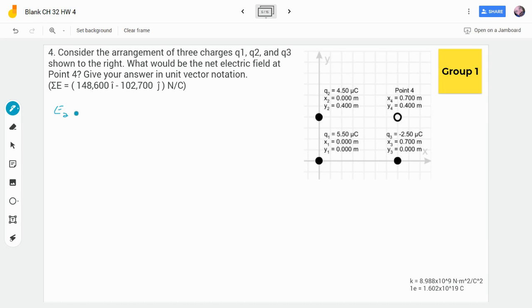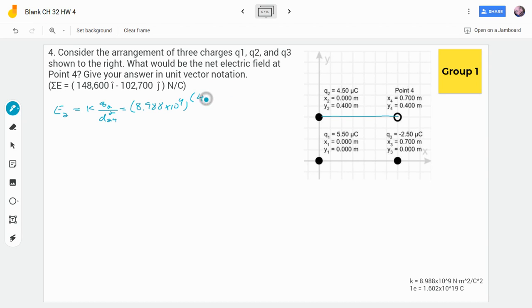The electric field from E2 is going to be k, Q2, I like using subscripts for this, divided by the distance from 2 to 4. Again, we want this distance squared. So that is 8.988 times 10 to the 9th with all the other units.